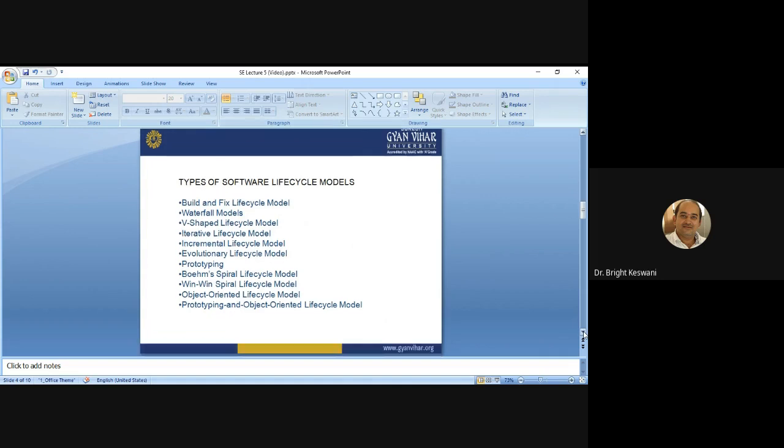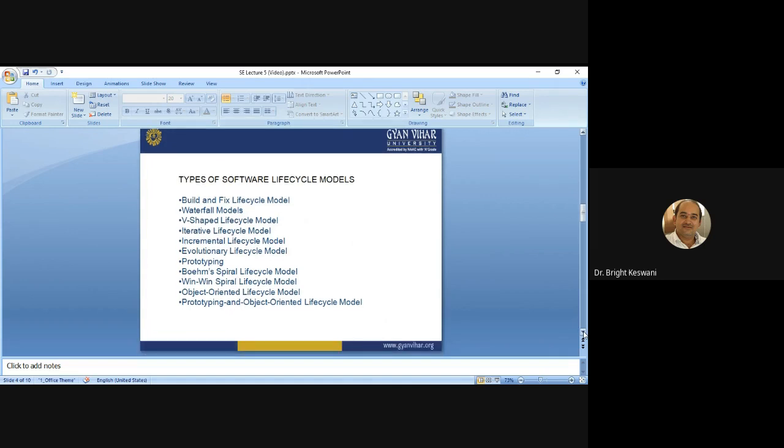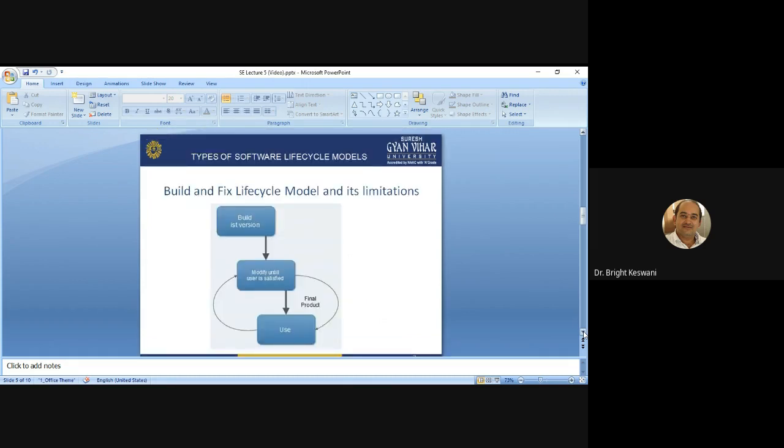In today's lecture, we will discuss only two models, that is the build and fix life cycle model and the waterfall life cycle model. First of all, we will discuss the build and fix lifecycle model and also its limitations.